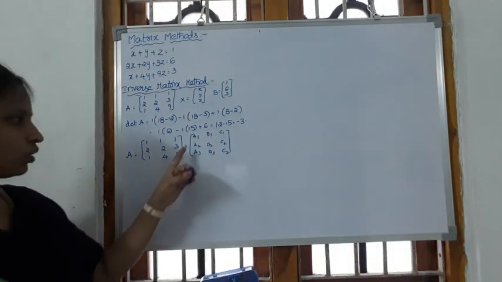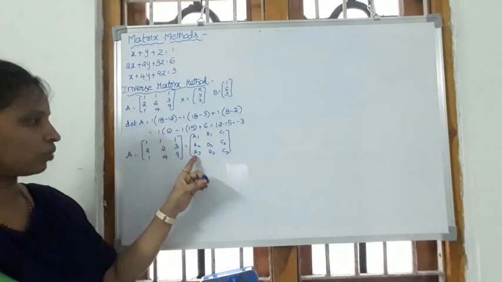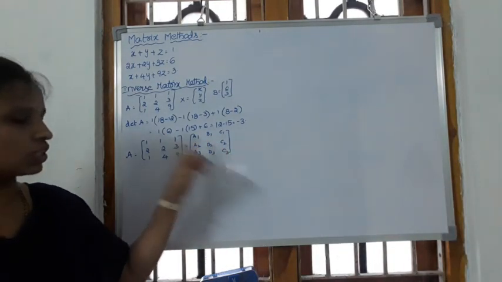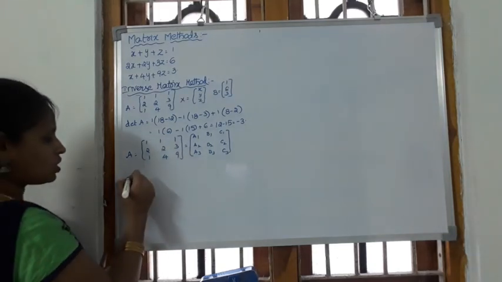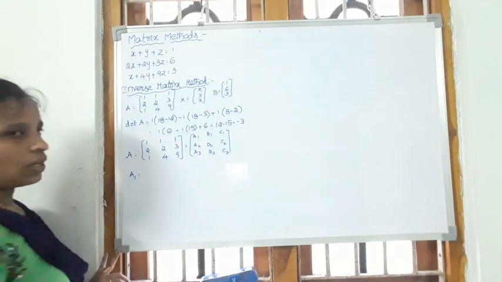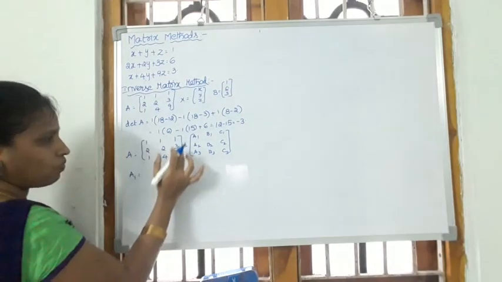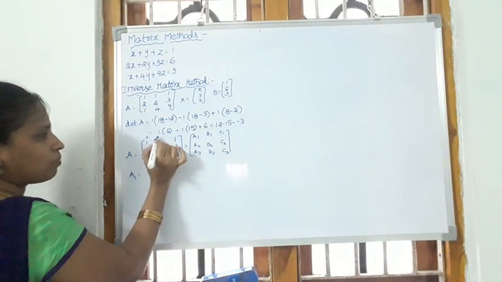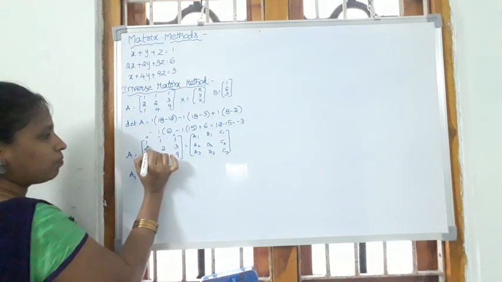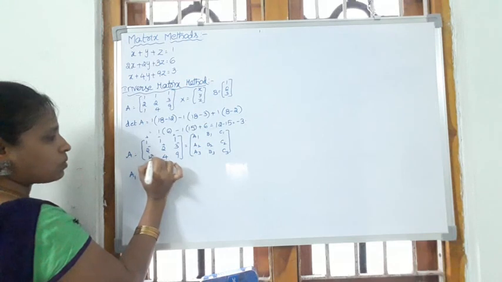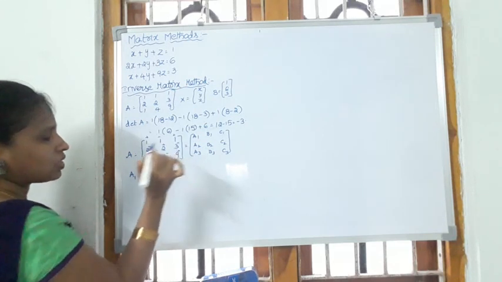Now we want to find the determinants of A1, A2, A3, B1, B2, B3, C1, C2, C3. We want to find out these values. First A1. Now we give the symbols to these values: plus, minus, plus, minus, plus, minus, plus, minus, plus.